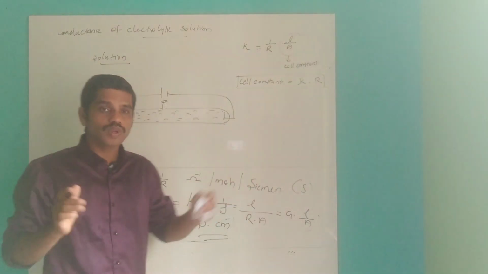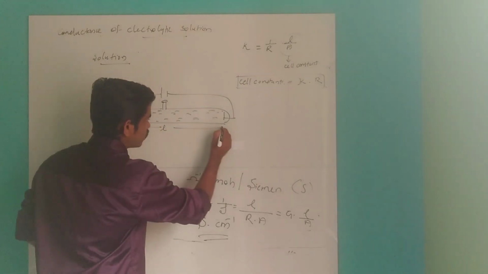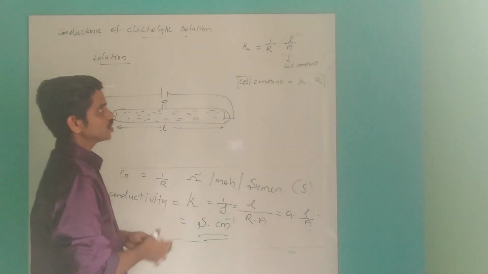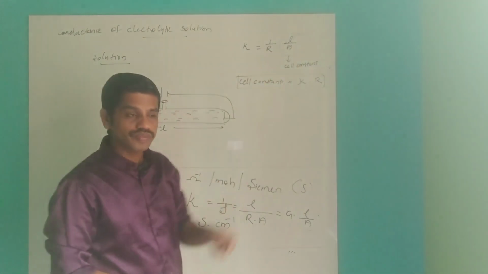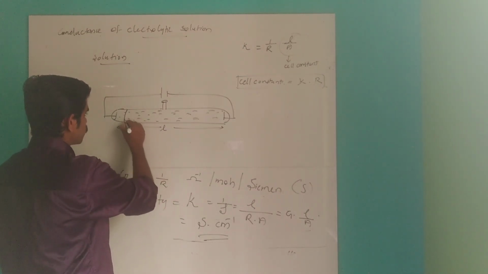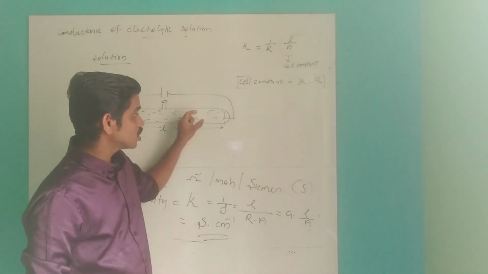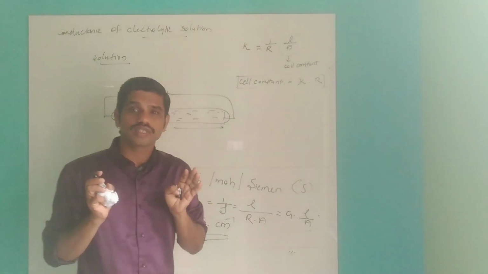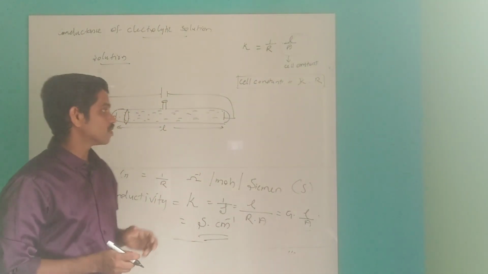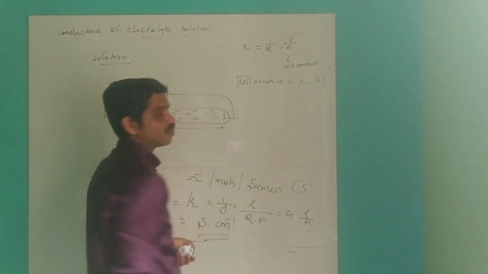The distance between the two electrodes is the length of the electrolyte. The second one is the area of the electrolyte, the area of cross section of this tube. For a particular instrument the cell constant is a constant value, so we know the cell constant.